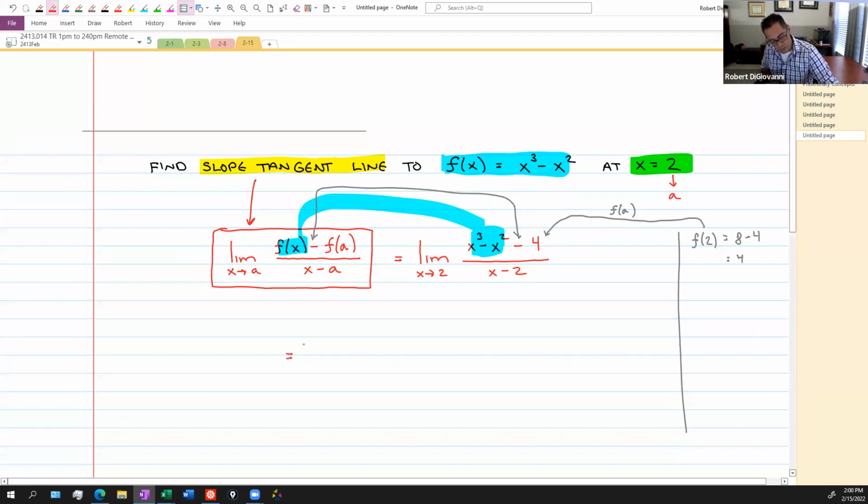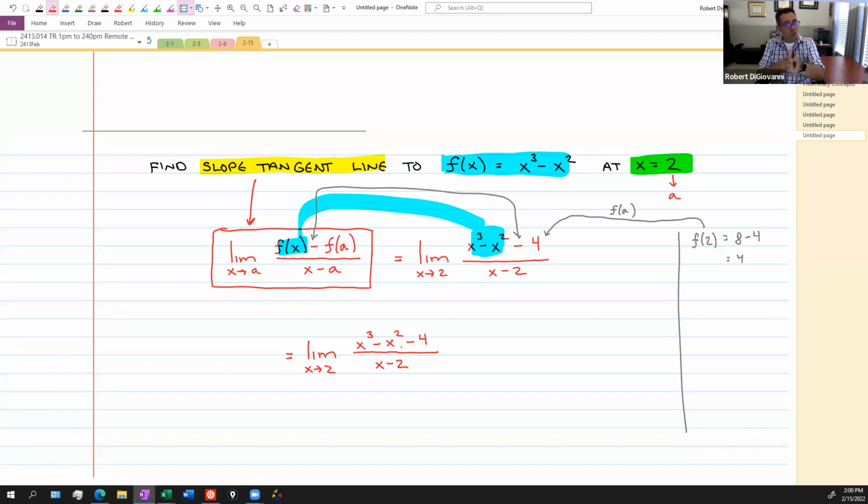So let's see where we are. We're at the limit as x approaches 2 of x cubed minus x squared minus 4 over x minus 2. Let's just check real quick to see what happens if we let x go to 2 right now.